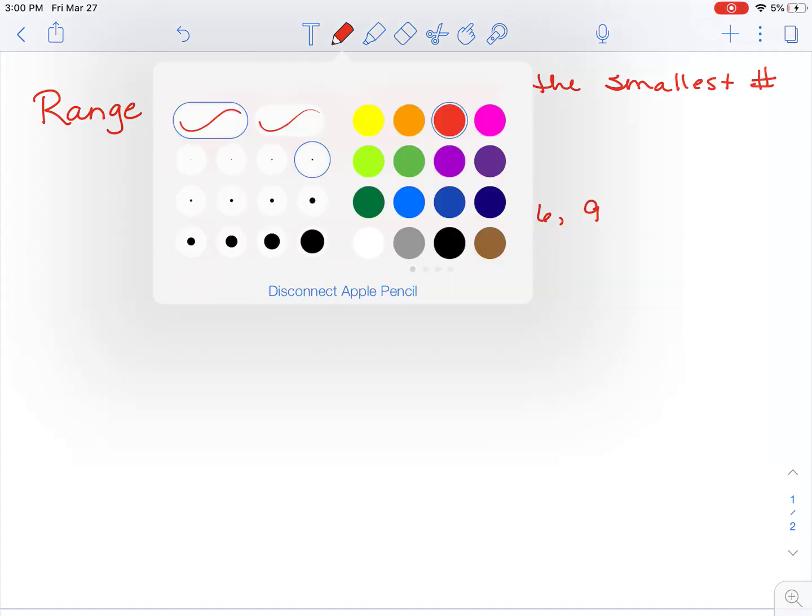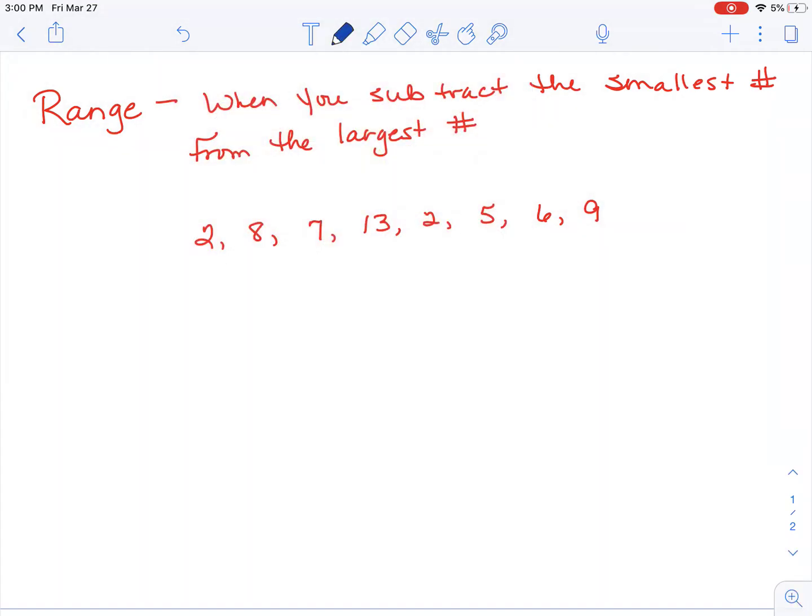So write on a piece of scrap paper these numbers down. And then below it, put them in order. Now, if I ask you, what's the mode of this data?